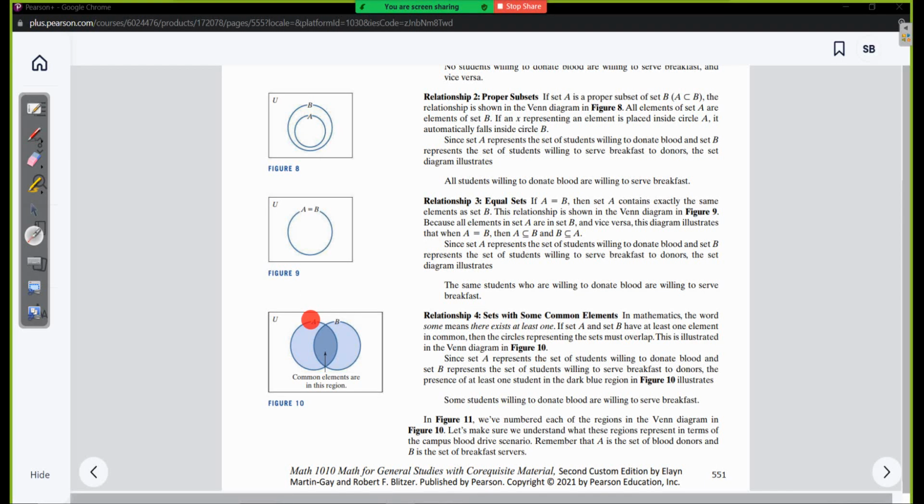Those elements that are in set A are in this circle, and those elements in set B are in this circle. What's in the middle where the circles overlap are the elements that are in both A and B. If you have elements strictly on the A side, those are elements that are in A and not in B. If you have elements in the light blue on the B side, those are elements that are in B that are not in A.